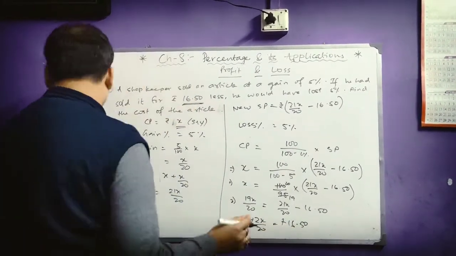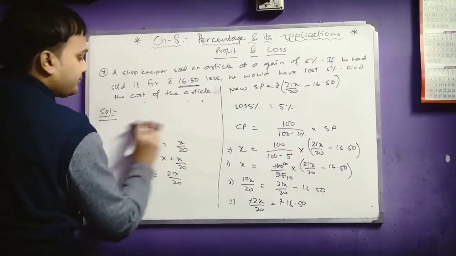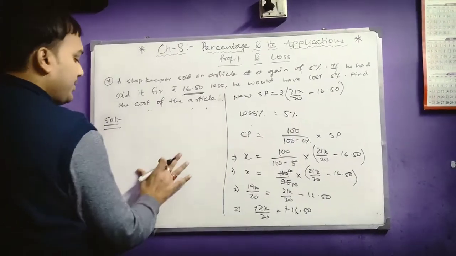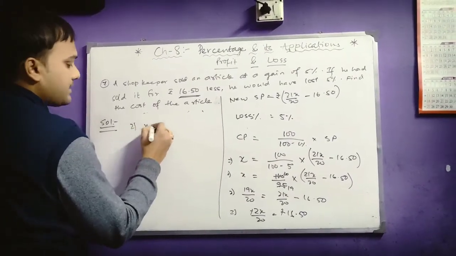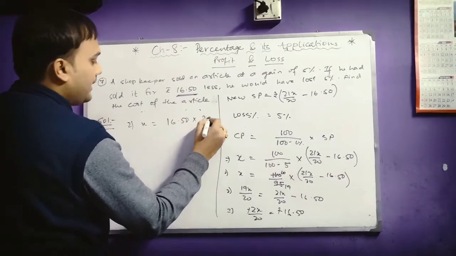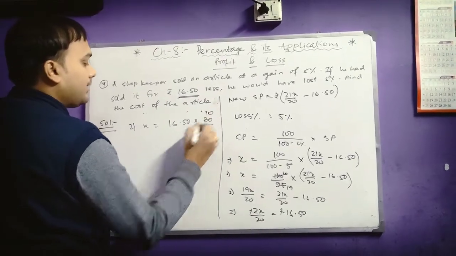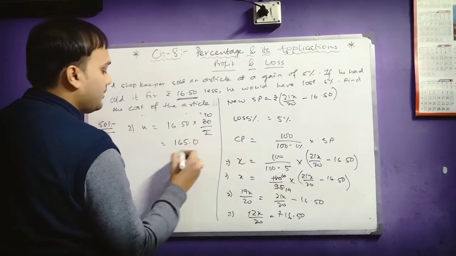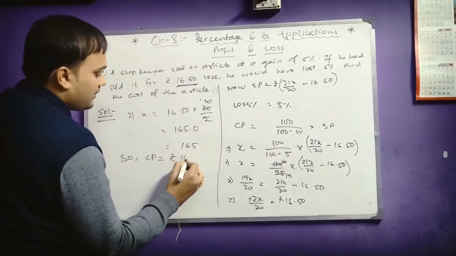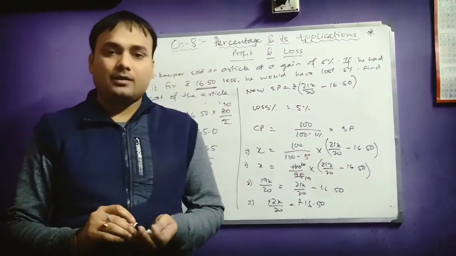So finally, X equals 16.50 into 20 divided by 2, which is 165. So the cost price is rupees 165.